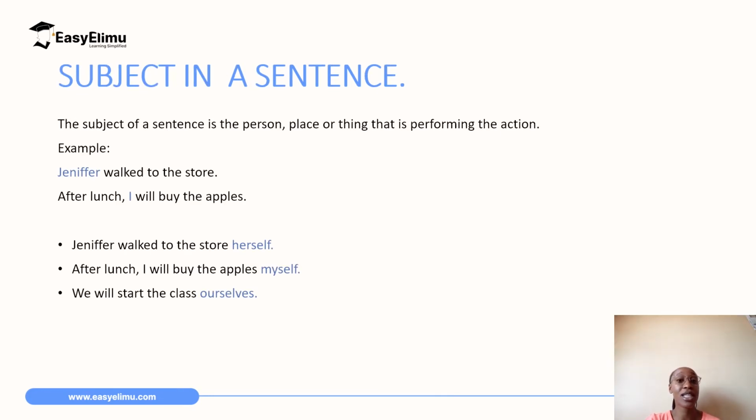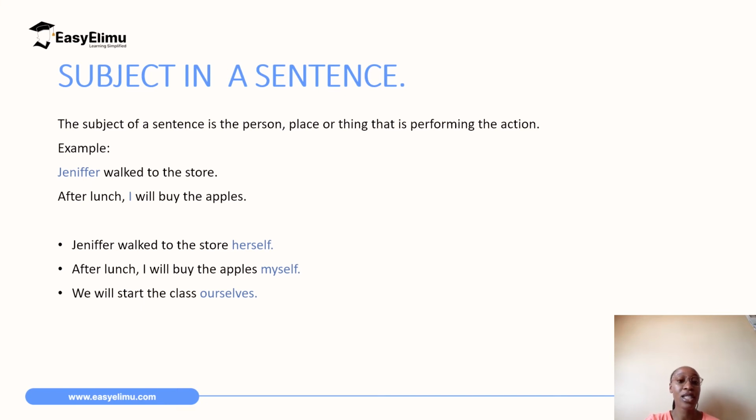So in a sentence, there is usually a subject, a verb, an object, and we are going to learn about that a bit later. But for today, we are only going to focus on the subject and the action or the verb. So the subject is the person, the thing, or the place that is performing the action.